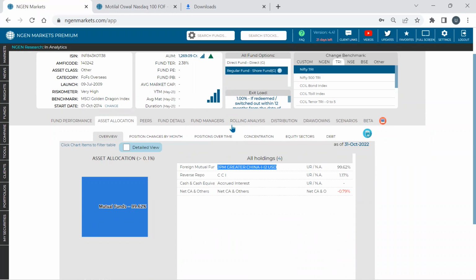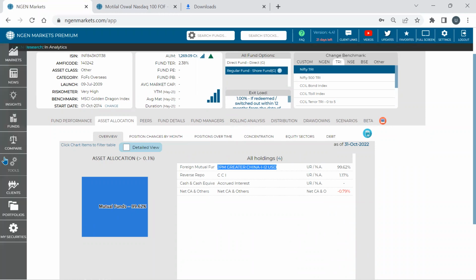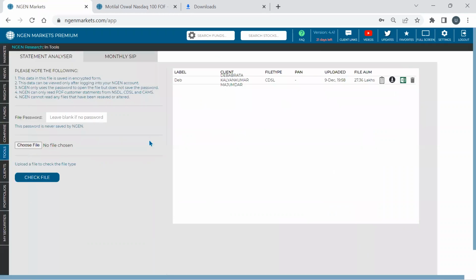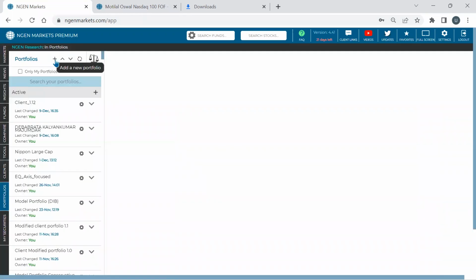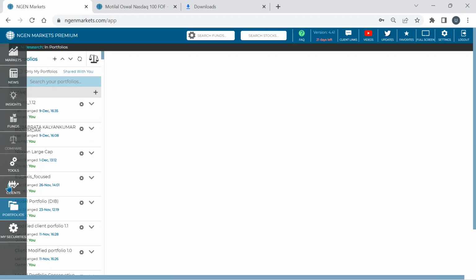If you want to run them together, I don't think there's anything in the portfolio section that allows you to run 2 portfolios in one go. I believe someone earlier wanted to run multiple portfolios in one go. We have that facility in the client section, by the way, but in the portfolio section this isn't there. So let us have a think. We'll get back to you. Currently you have to run them separately.